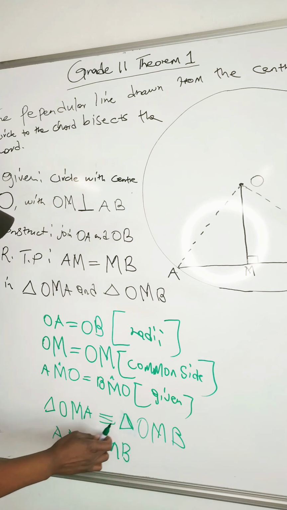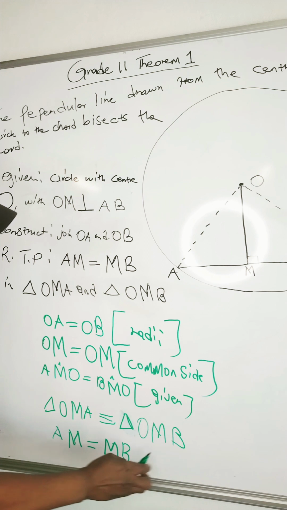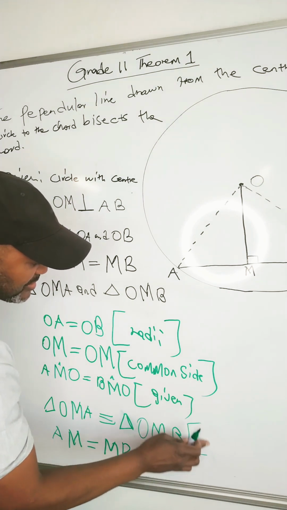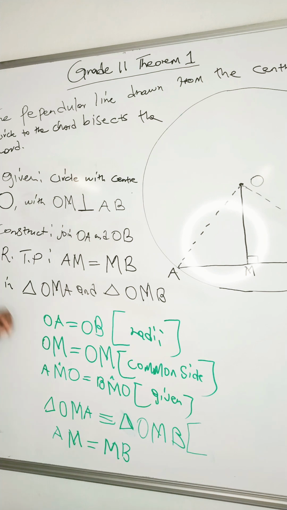Again here, if you write the congruency, you should give reasons. You should give reasons. Be careful here when you're giving reasons under congruence. You need to check what you have proven. OA and OB.